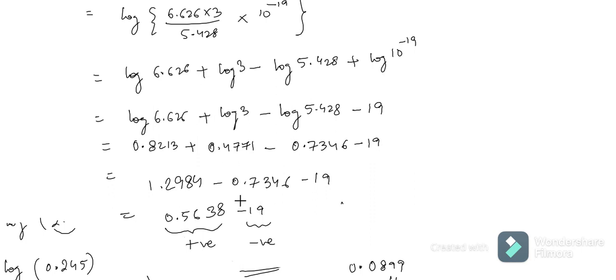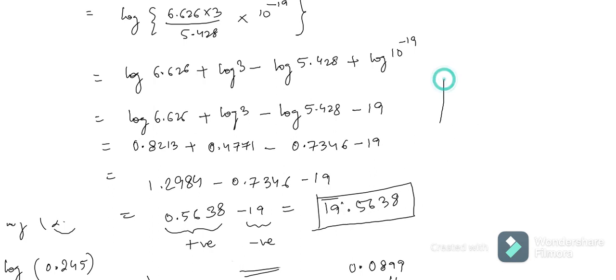So how will we write this? This one has to be positive, this is negative. So 19 bar point 5638. This is the thing which we are going to find out in the anti-logarithm. Okay, so everything has to be like this.